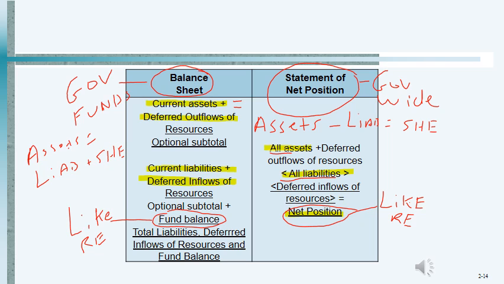But as you move along and you start to meet your eligibility requirements, you can go from an unearned revenue to a deferred inflow as you now meet the time requirements. So let's say a government gets a grant and they have to have certain enrollment levels in the schools in order to have met the eligibility requirements, and they have to use that grant over 3 years. So what do we have?